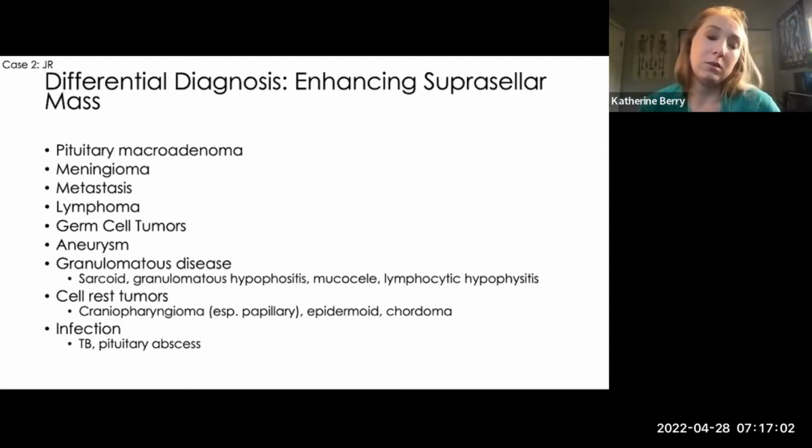All of these seem less likely, but it could be lymphoma, germ cell tumors, an aneurysm with abnormal flow, granulomatous disease like sarcoid, hypophysitis, even mucocele and lymphocytic hypophysitis. And then cell rest tumors like you alluded to, craniopharyngioma, could be epidermoid or chordoma, very unlikely, but finally the option of TB and pituitary abscess are there.